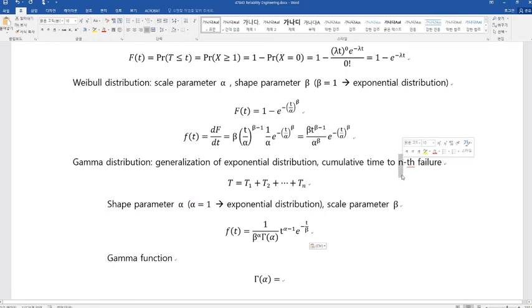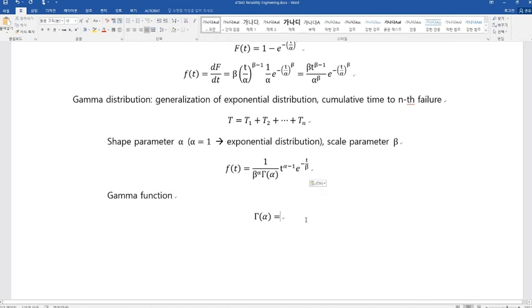So this gamma distribution is the function for the cumulative time to alpha failures. To talk about that, we first need to explain what the gamma function used here is.